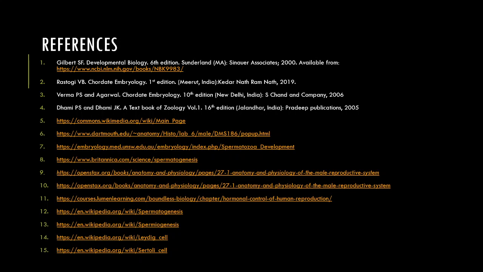Then we covered spermiation and sperm maturation. In the next video, we'll be talking about the second type of gametogenesis, that is oogenesis.